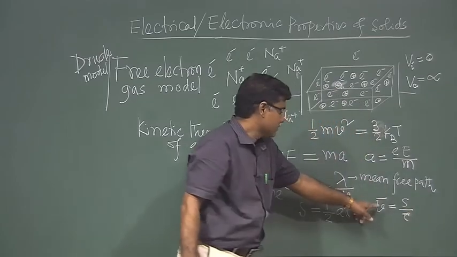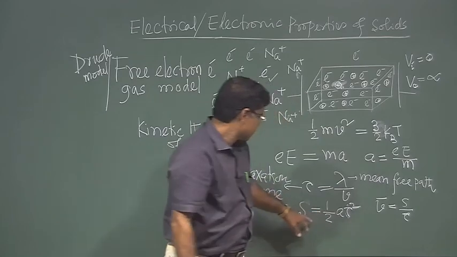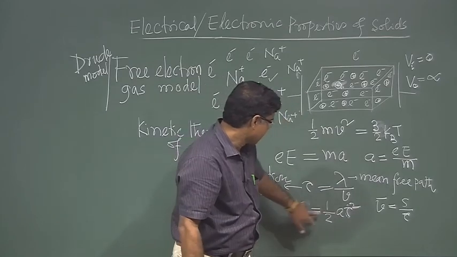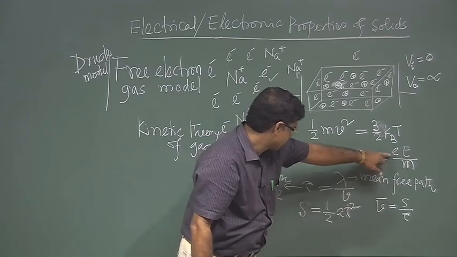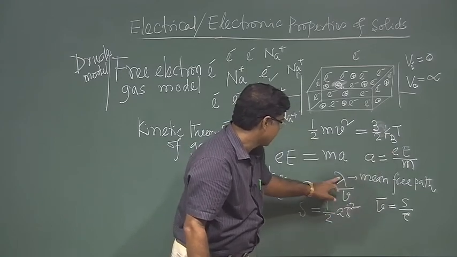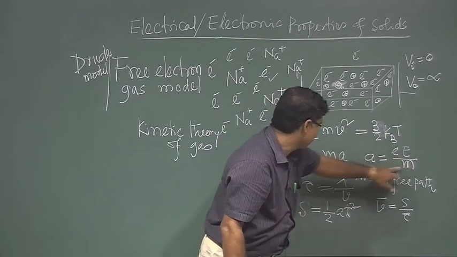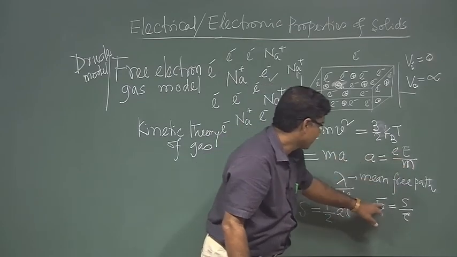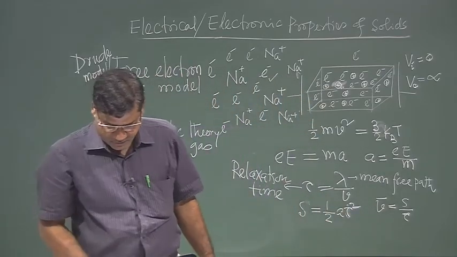So, this velocity is the drift velocity. s is known, a is this, tau is this. So, in terms of these other parameters, one can find the drift velocity.